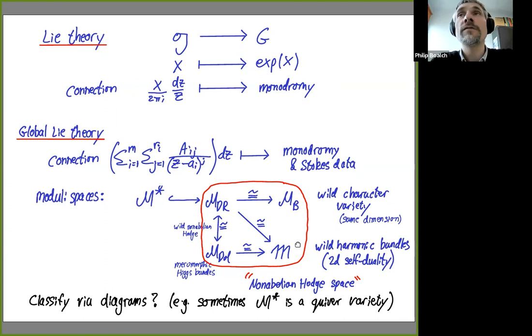So in all of the good cases for GLN, there is a hyperkähler metric there, and it's complete if there is no nilpotent part in the associated graded of the formal monodromy. You have this parabolic filtration, and there are no strictly semistable points in the moduli space.